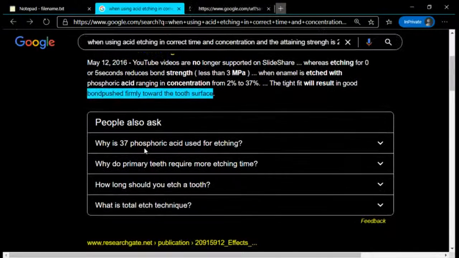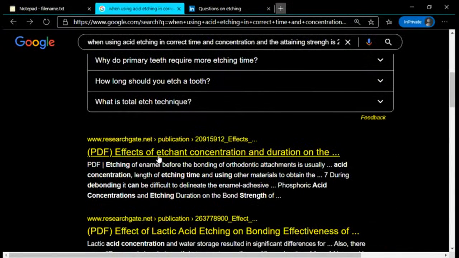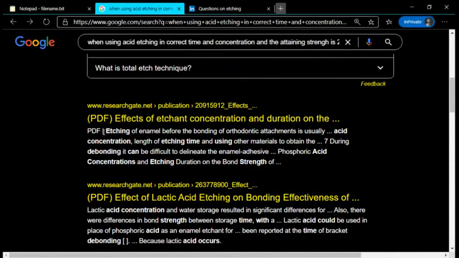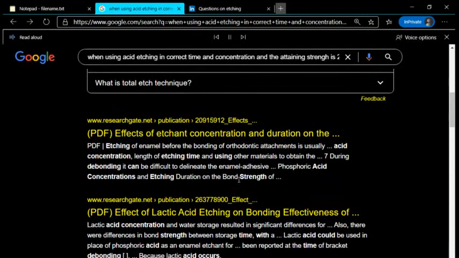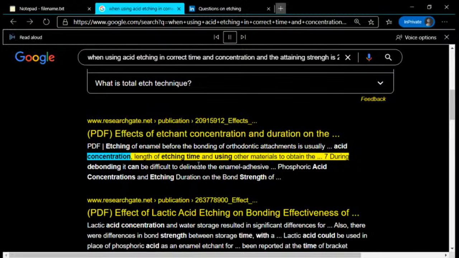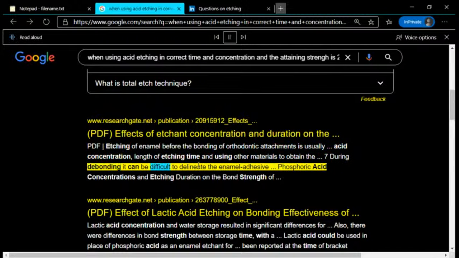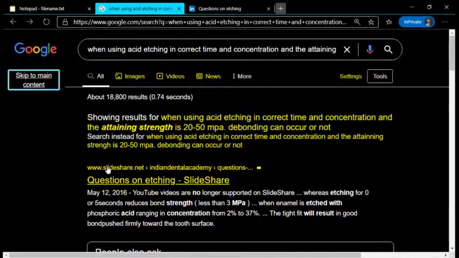Toward the surface, let's see this. There's a file here, okay. PDF, etching, concentration and duration. Let's read. Etching of enamel before the bonding of orthodontic attachments is usually acid concentration, length of etching time, and using other materials. During debonding, it can be difficult to delineate the enamel adhesive, phosphoric acid concentrations, and etching duration on the bond strength. Okay, let's move on.